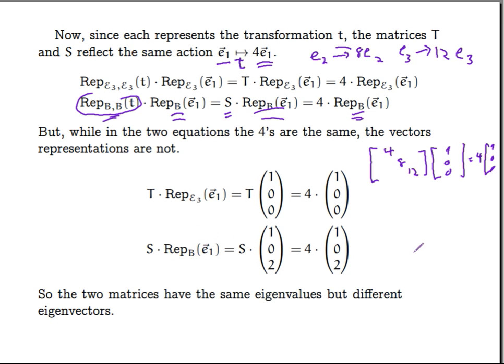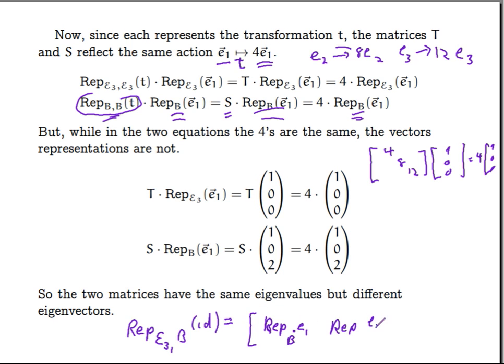This is equal to the representation of E1 with respect to the B basis, the representation of E2 with respect to the B basis, and the representation with respect to B of E3.